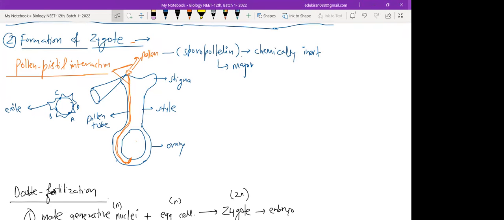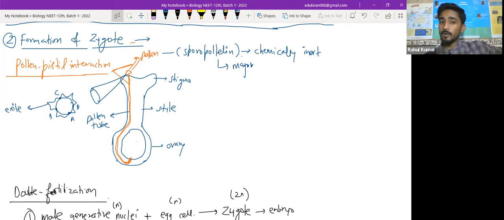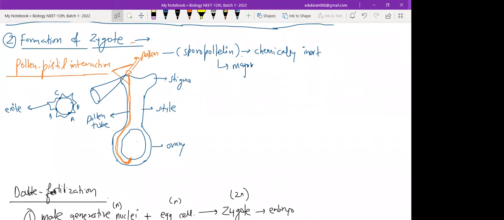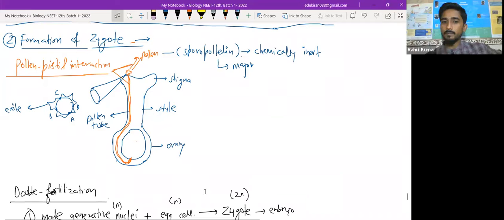It means when the pollen grains are deposited on the stigma, there is a chemical interaction between the pollen and the stigma. Recognition is taking place. Stamen and anther is out of context now. Yes, between the pollen and the stigma.